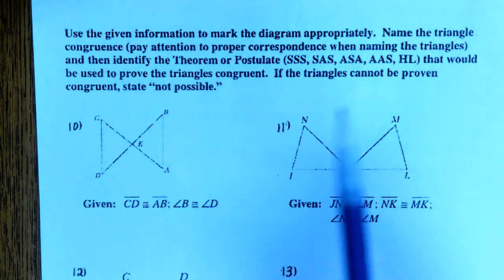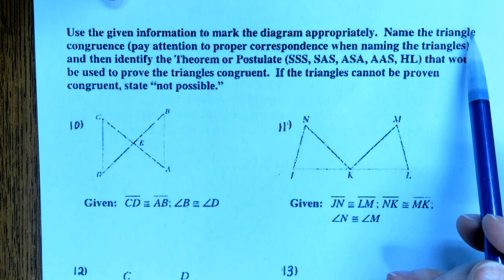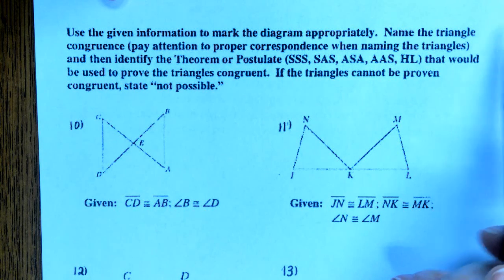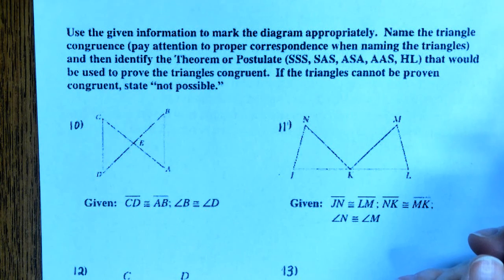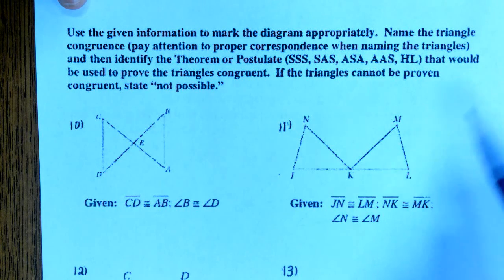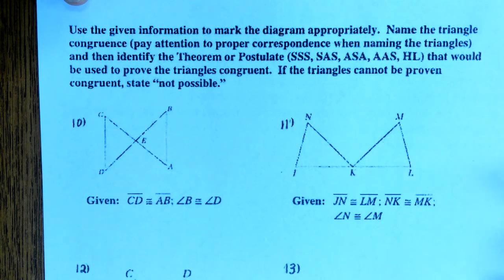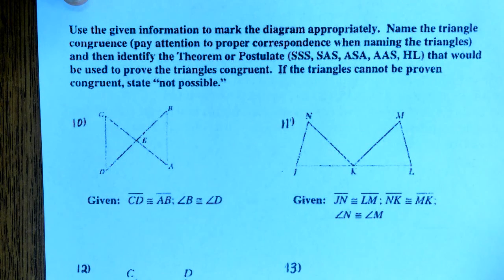Okay? But when you see it, you're going to name the triangle congruence. So that's like triangle ABC is congruent to triangle DEF, like we did on the other one. You're going to give what theorem or postulate, and if they can't be proven, you're going to state not possible. But I will show you how to do an official proof tomorrow.